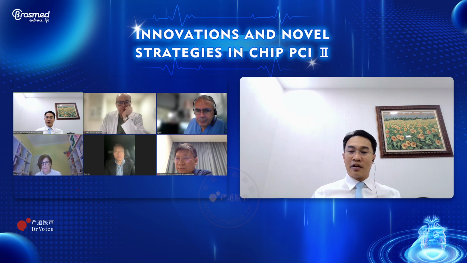But with controlled dissection from a scoring balloon like the Revo edge, there might be less complication, less dissection, and you don't face propagating hematoma like that. I think it's a good option to use a controlled dissection balloon like the Revo edge.